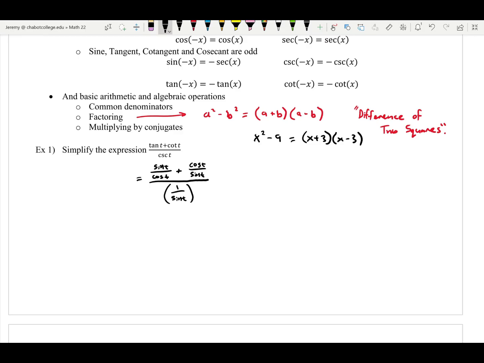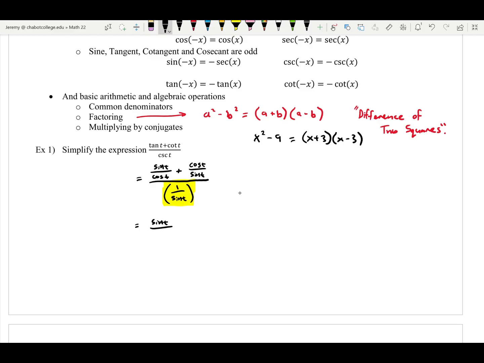At least I see, okay, I have fractions inside of a fraction, and I'm particularly drawn to this 1 over sine t in the denominator. I can just multiply by the reciprocal of that to simplify a little bit. So I might try this.